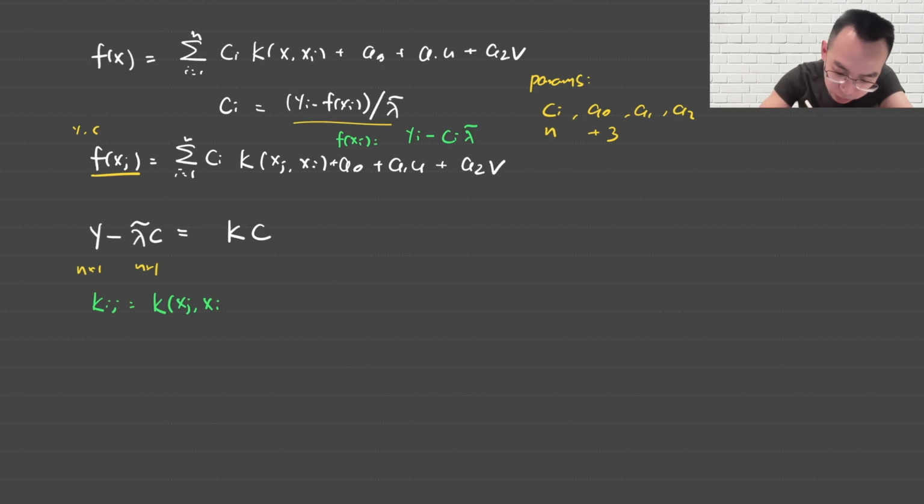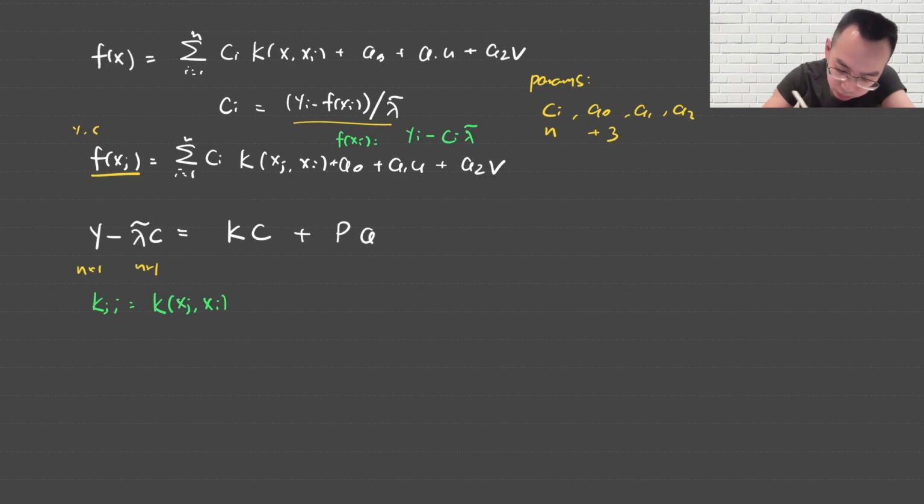Well, this kernel function is symmetric, so it doesn't really matter, but I'm going to write Kji equals the kernel of Xj and Xi. And then we're going to have some affine terms. Let's define matrix P here.